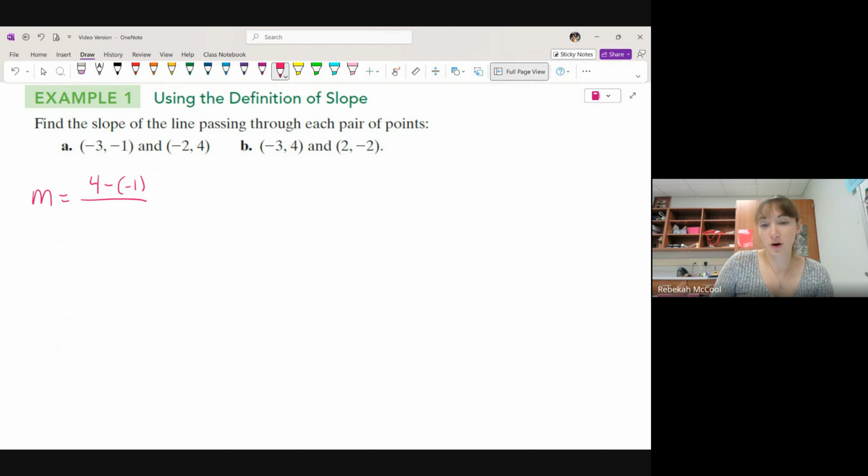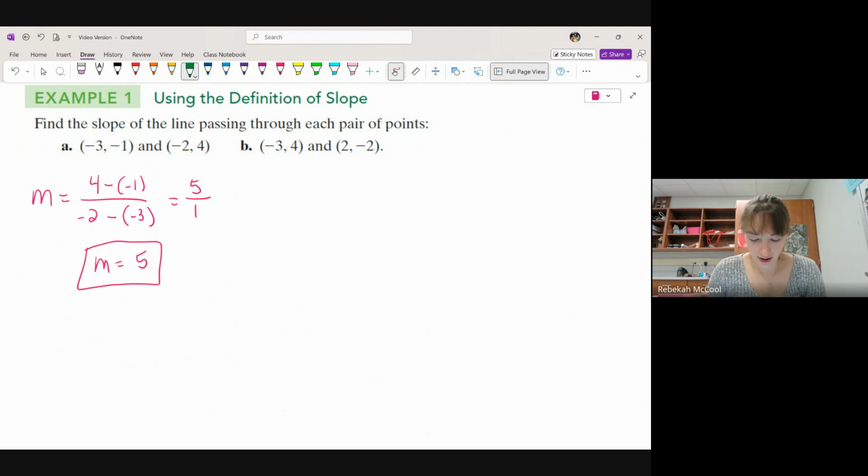Since I picked 4 for my first y value, I need the corresponding x as the first x value, so that would be -2 minus our other x value of -3. So 4 minus -1 becomes 4 plus 1, which is 5. -2 minus -3 becomes -2 plus 3, which is just 1. And 5 over 1 reduces to just 5.